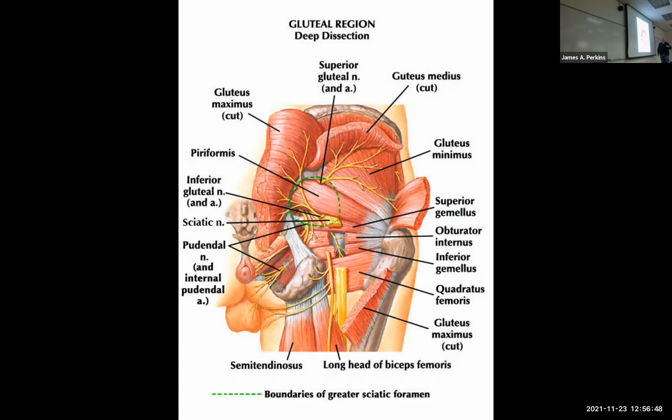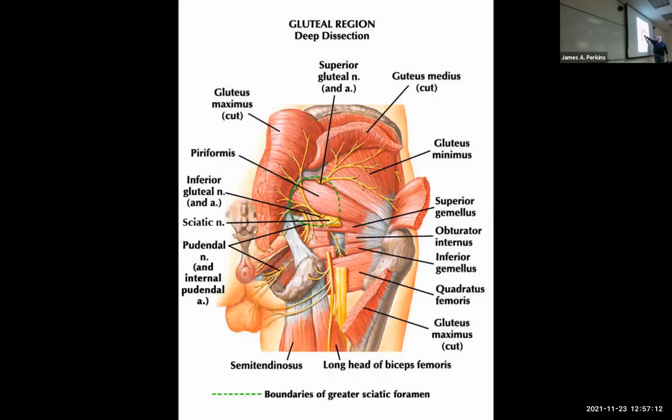All right, speaking of nerves, let's go back and look at the nerves that are also shown on this slide. We talked about a couple of these a few minutes ago, but you can see them more clearly on this image. There's a nerve that exits the greater sciatic foramen immediately superior to the piriformis muscle. This is the superior gluteal nerve, and you can see it lying in the plane between gluteus medius and gluteus minimus.